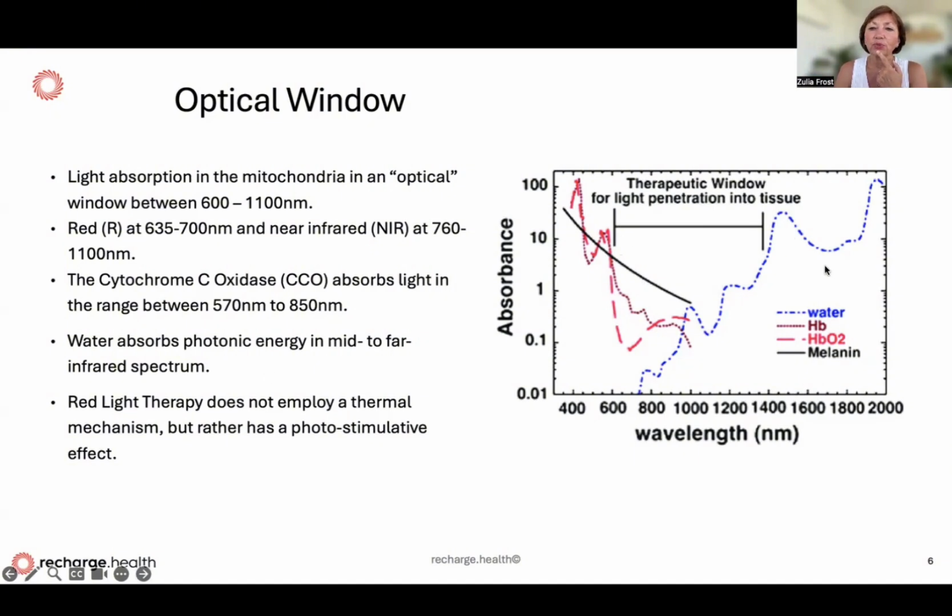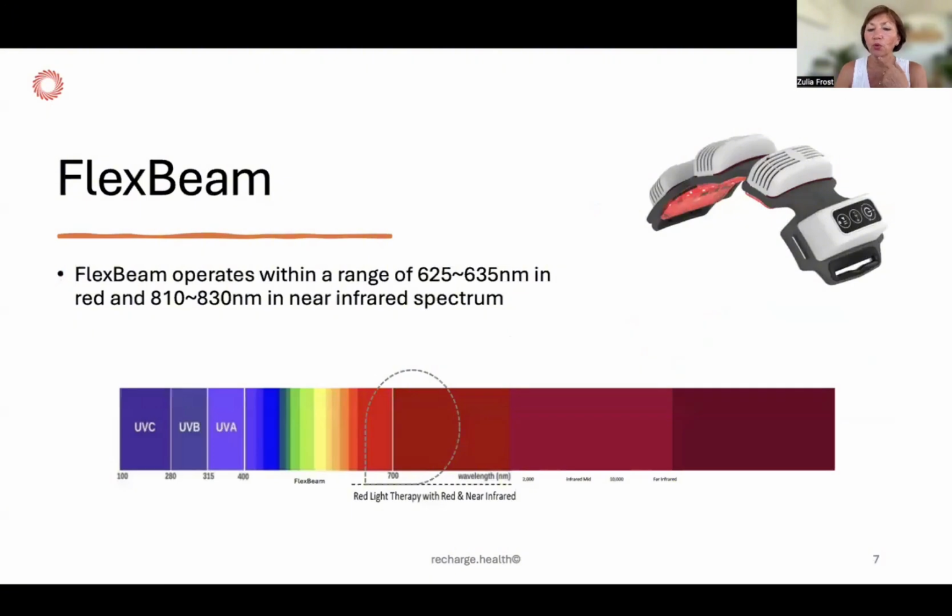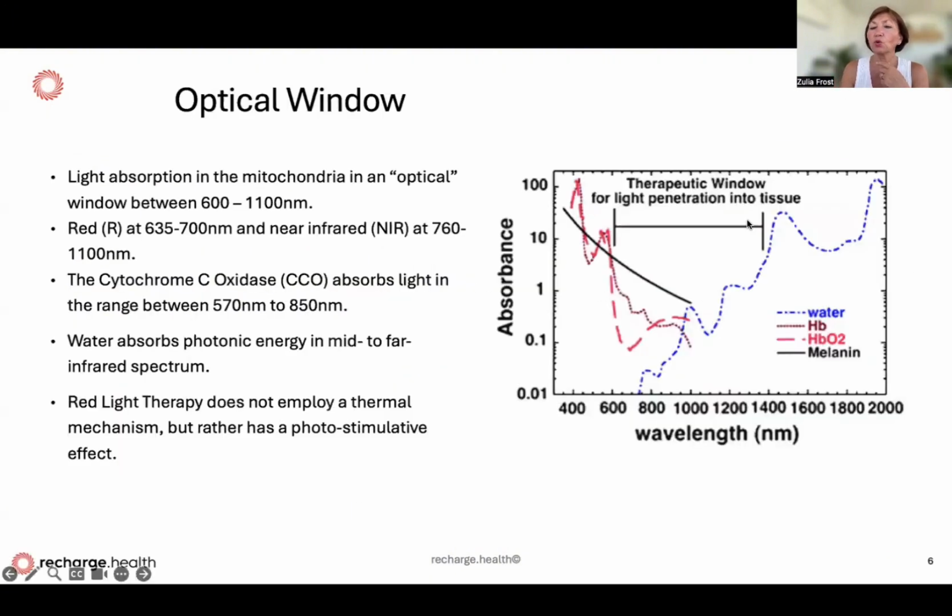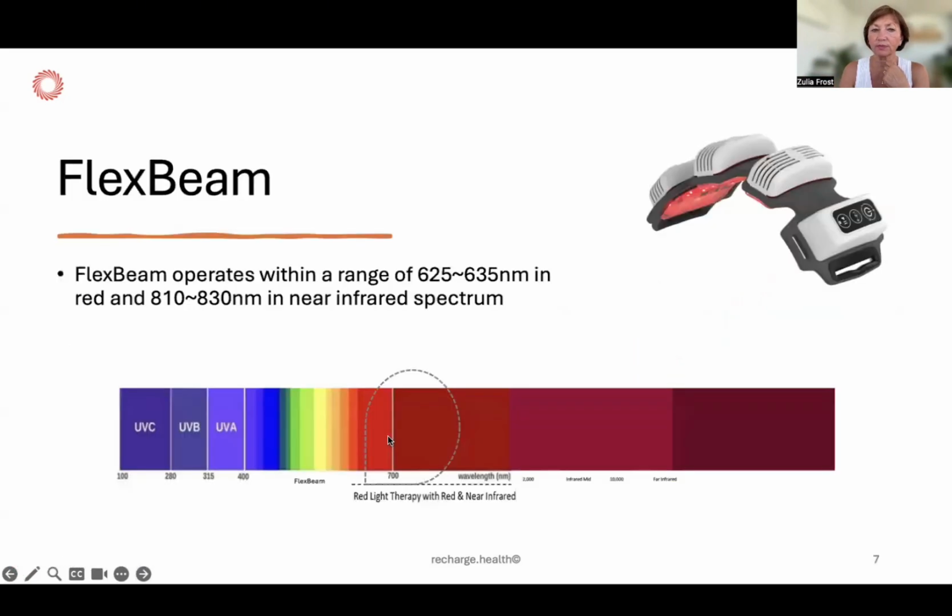So when water is absorbed in the tissue, it's going to give you a mild thermal effect as well. But generally speaking, both red and infrared light don't use thermal effect. It's purely a photostimulative effect. So where does FlexBeam come from on this spectrum?